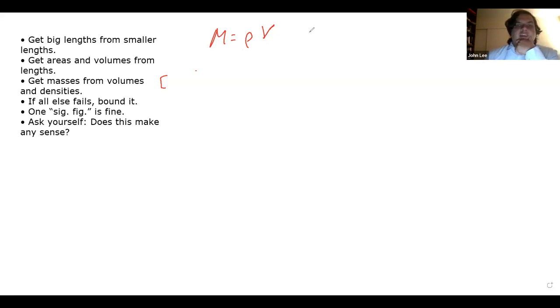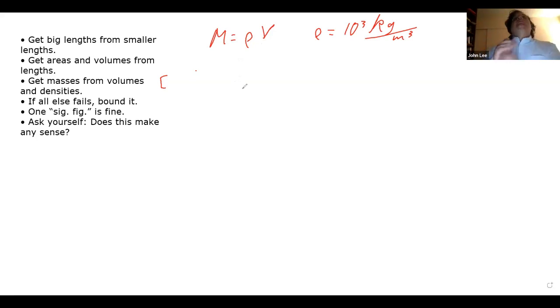And then we know that the density of water is 10 to the third kilograms per meter cubed. So from this, we can find the mass by knowing the density, which we do, times the volume of the Earth's oceans.